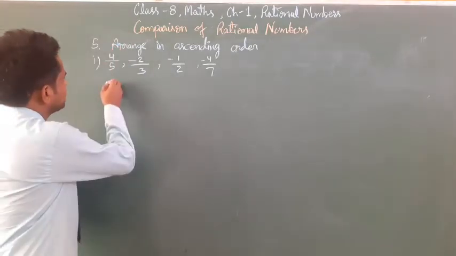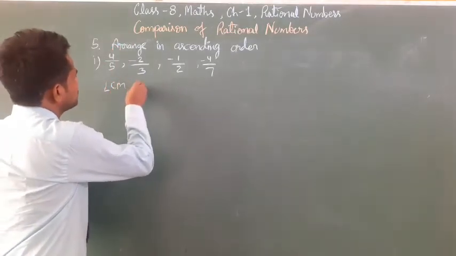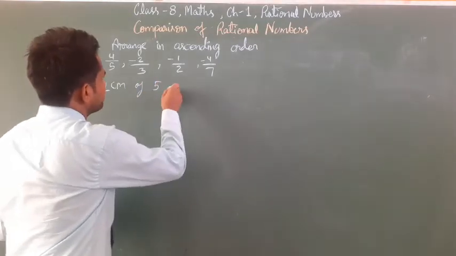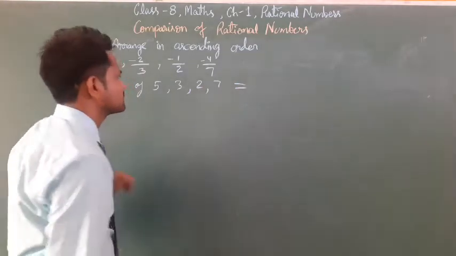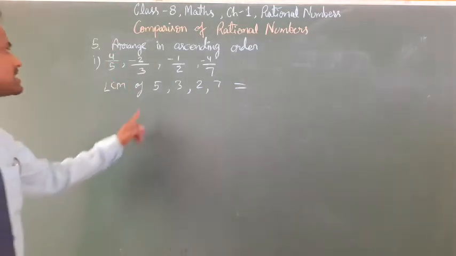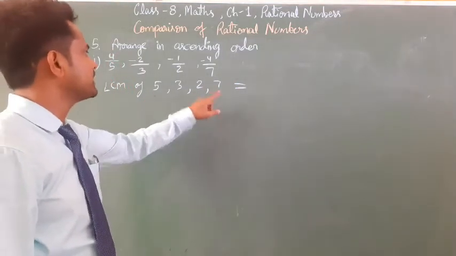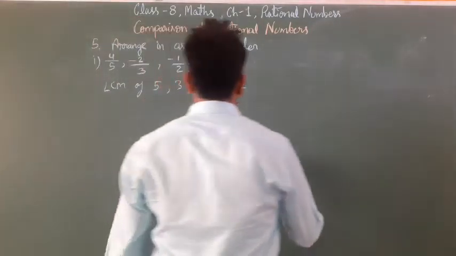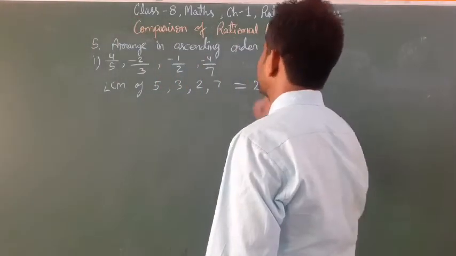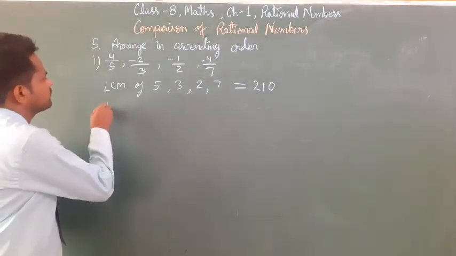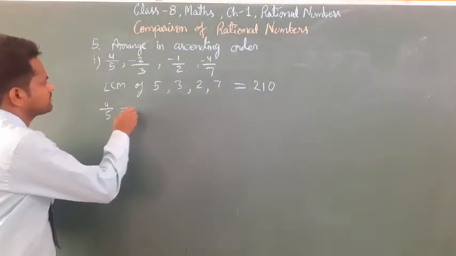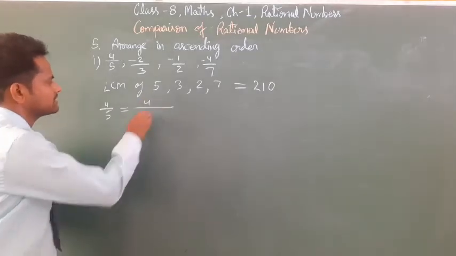So find the LCM of 5, 3, 2, 7. The LCM of 5, 3, 2 and 7 is 210. Got it?